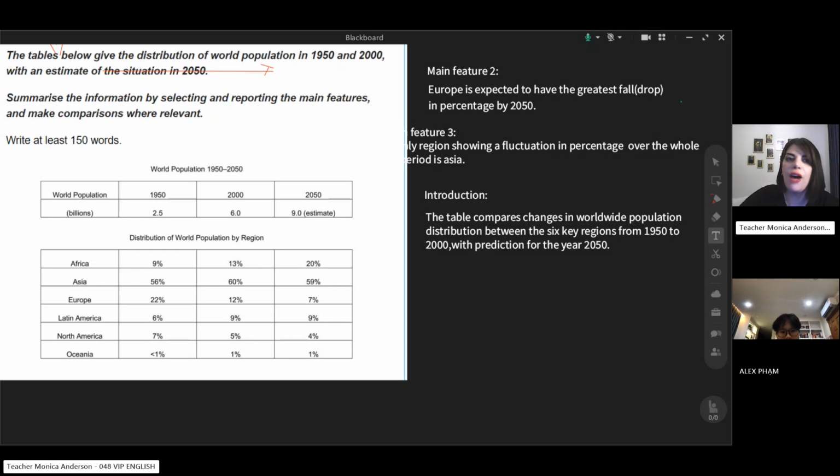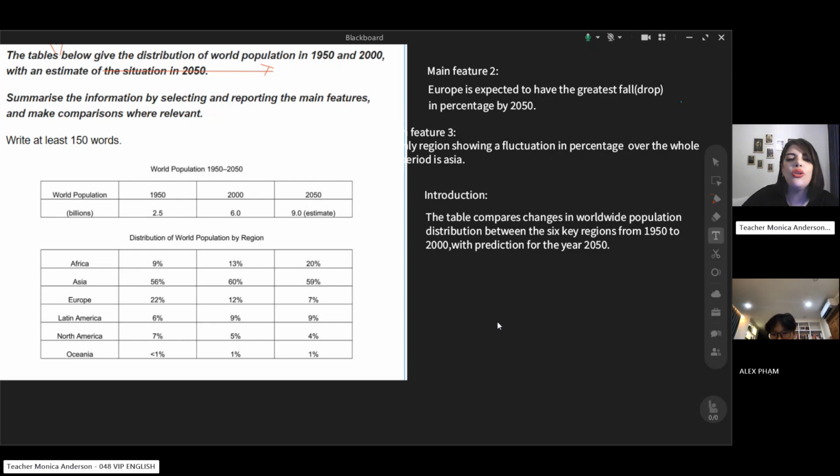So first of all, now we only give some general information. Details come later, as I told you, in your main body, so you don't need to give any details, okay? And if you need, you can make a comparison. So, well, we have 3 main features, and now we're gonna write our overview.